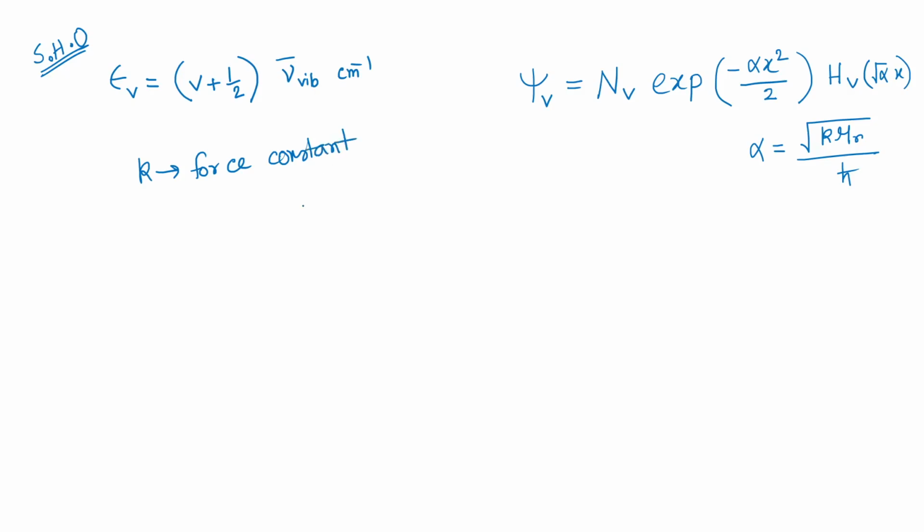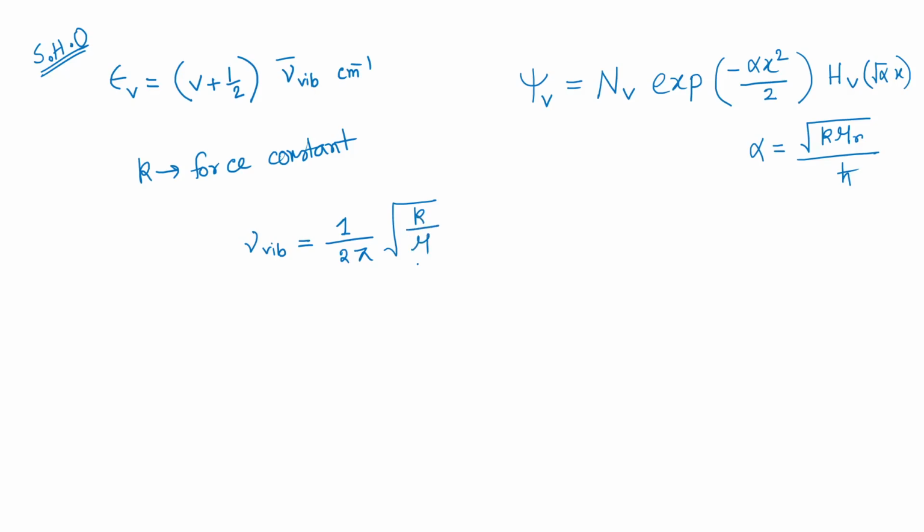Force constant, and how is the frequency nu related to the force constant? Do you remember? Power of k by mu, 1 by 2 pi. Yes, power of k by mu.